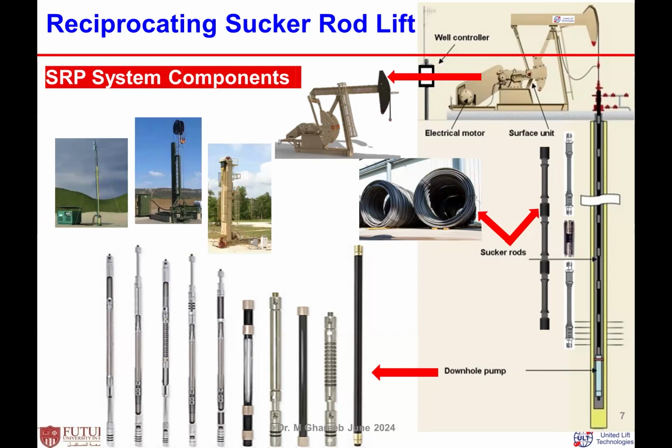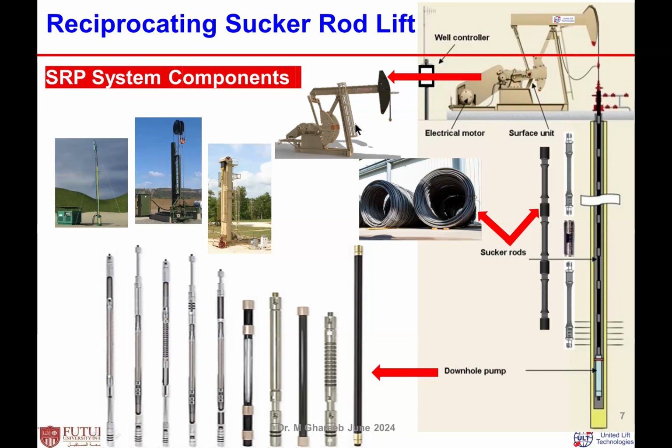The main function of the surface equipment is to produce a reciprocating motion, which is transferred to the downhole pump through the rod string. There is the beam type rod lift system, and also the vertical reciprocating rod lift system. This can be mechanical or hydraulic. But at the end, the surface equipment just produces a reciprocating up and down motion.